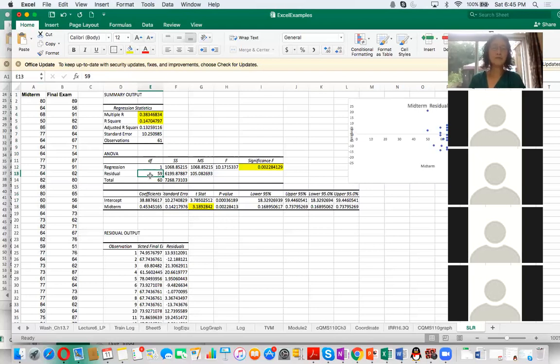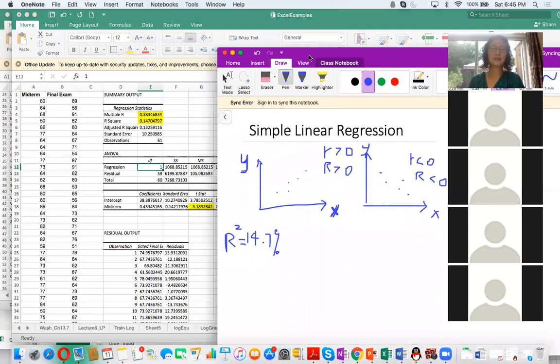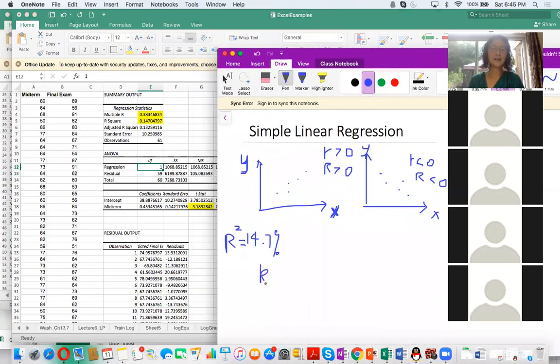This one we call K. So K is the degree of freedom for regression, equal to 1.